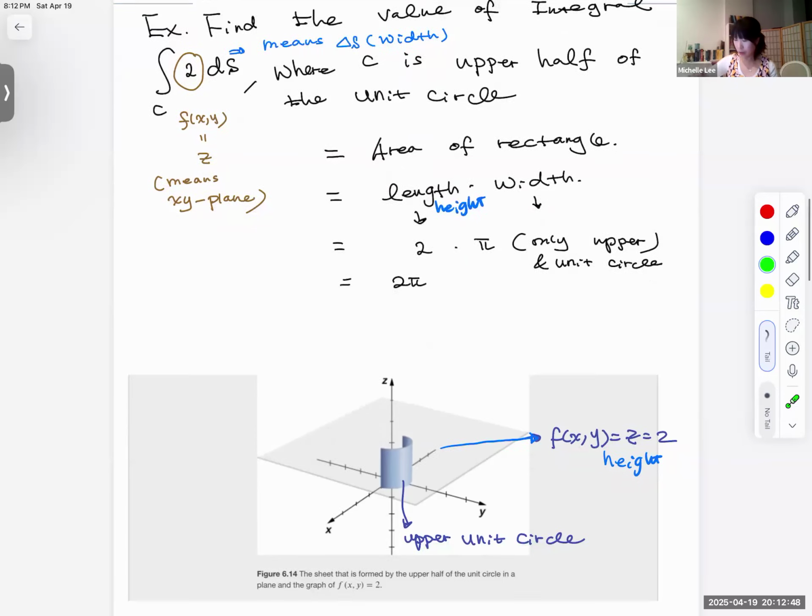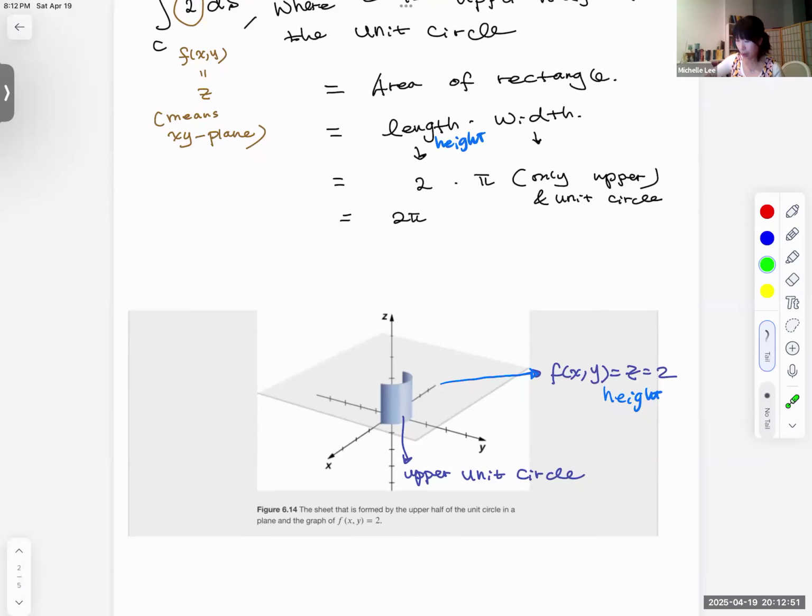Look, x is positive and comes back to negative. Thinking about the upper unit circle on the x-axis and y-axis, it goes from 0 to pi. That's how we get pi. Make sense?